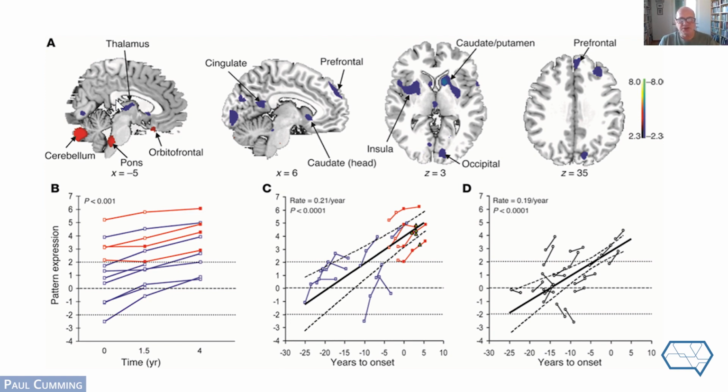In the middle part, tile C, never mind the details, but it shows that individuals who were scanned at intervals over a period of 5 years can be seen progressing along a line that will bring them into the metabolic pattern of pronounced Huntington's disease. So this is, I think, a very impressive paper, because it shows, using a metabolic network approach, that the process leading to disease is already established even 20 years before the clinical manifestation of Huntington's disease.